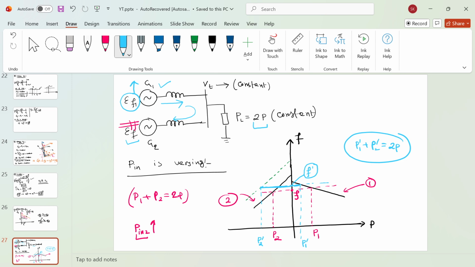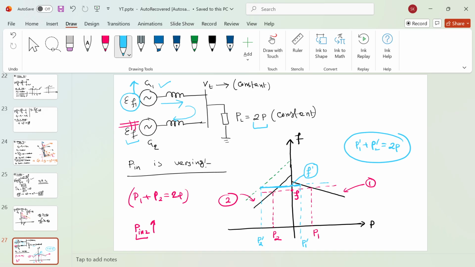So my generator G1 will act as a source of reactive power, and my generator G2 will behave as a sink of reactive power. So there can be cases like that.